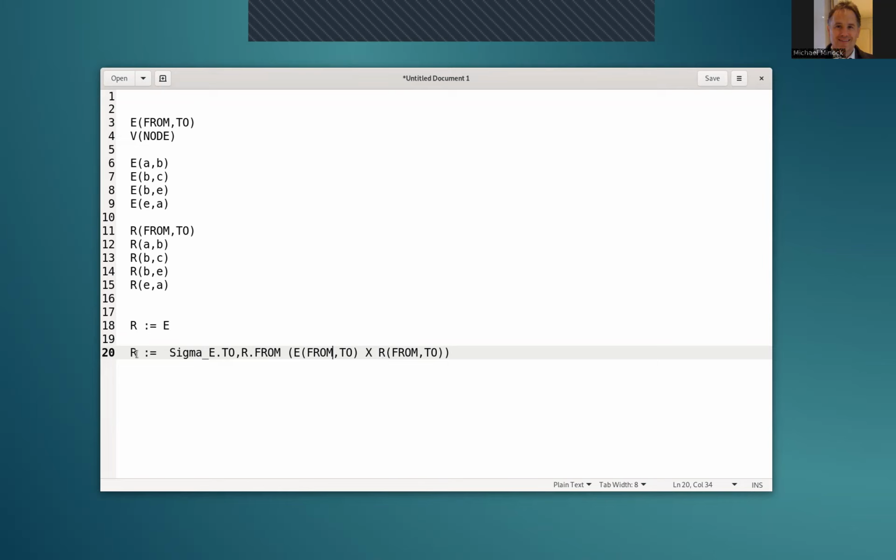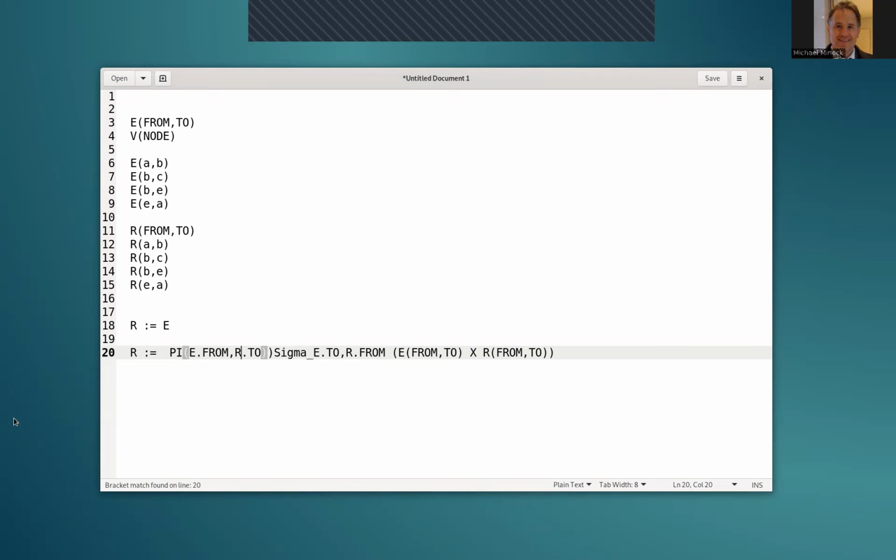This is the recursive definition that makes R grow. So we take the current R, which is this right here, and then we take the current E. And I need to also say a pi. So what's being selected here is E dot from R dot to.